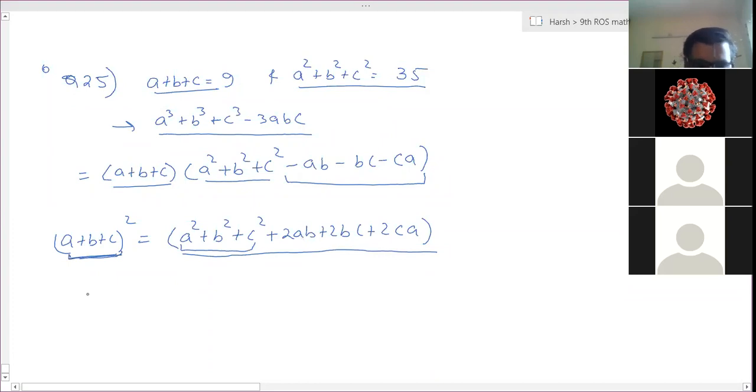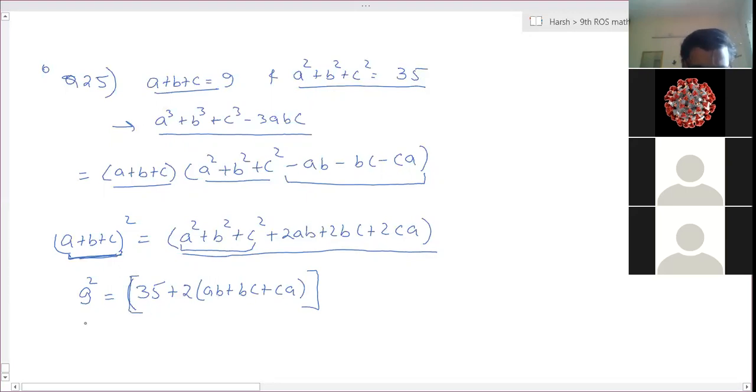If I write it, A plus B plus C, this is 9 square, is equal to A square plus B square plus C square. Can we write it as 35 plus this? If we take 2 common, 2 times AB plus BC plus CA, then can we find this value?